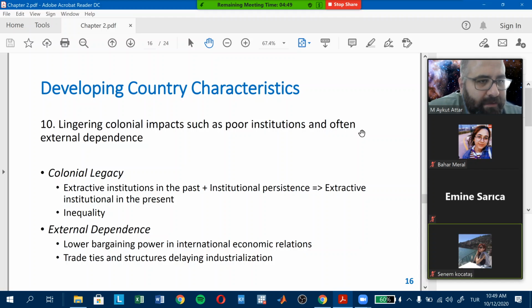So that creates wealth inequalities, consumption inequalities, income inequalities. There's usually an elite in that country that is cooperating with the colonial powers. And then there's the rest, the masses, mostly the poor rural agricultural workers.